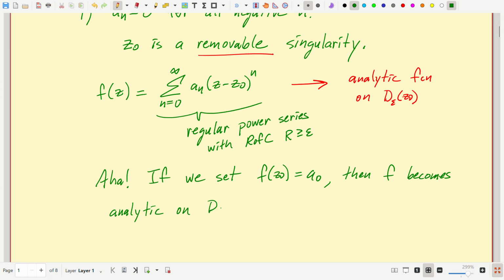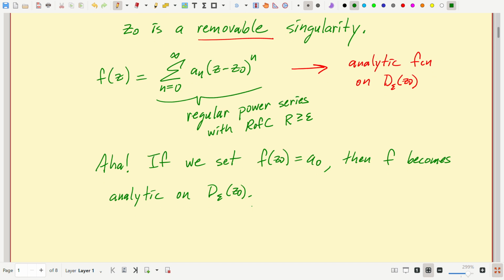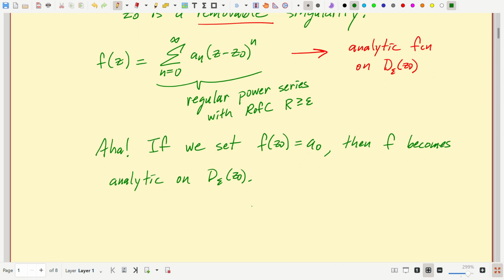And that's what it means to be removable. I just removed the singularity by giving f the proper value. Okay, that's one possibility. Any questions about that?